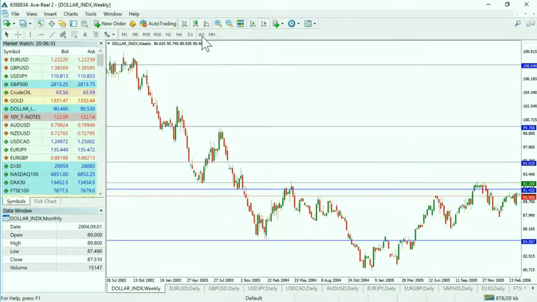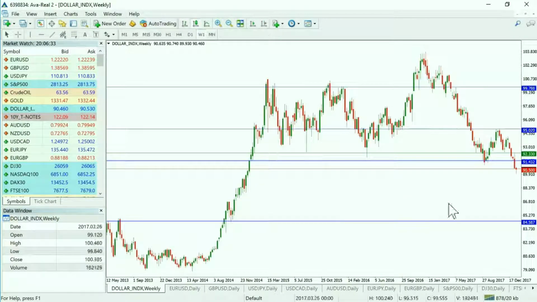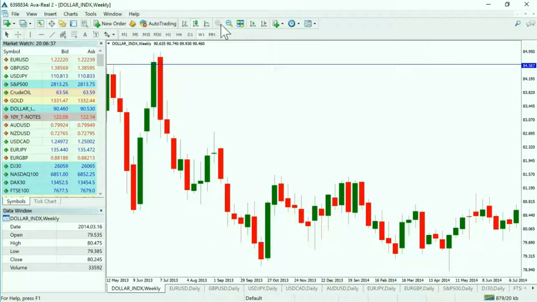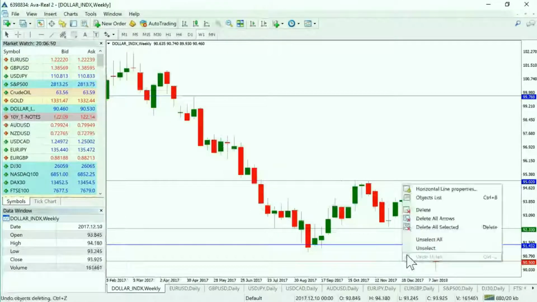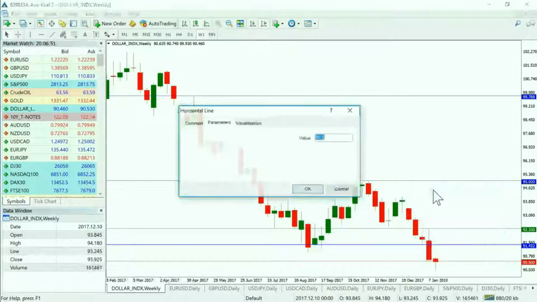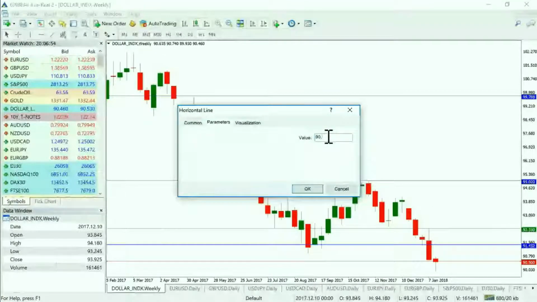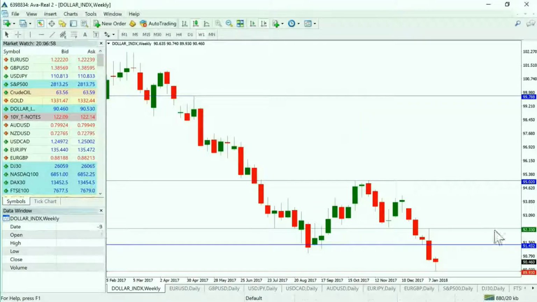So for the purpose of consistency, I'm going to take today's low, last week's low, and work with that as a level of support. So the 89.930 level. So that identifies the low.